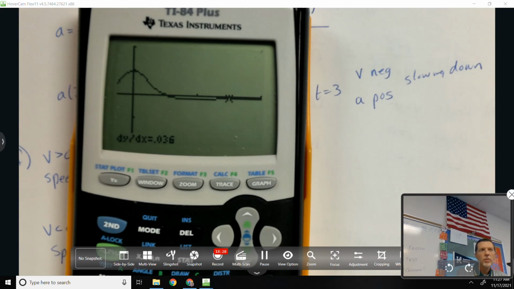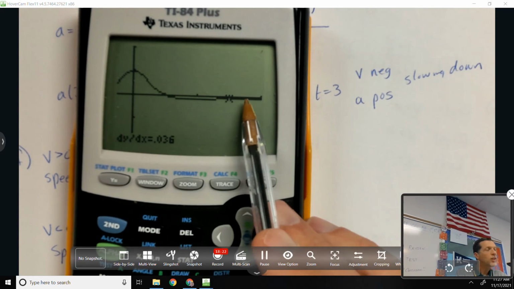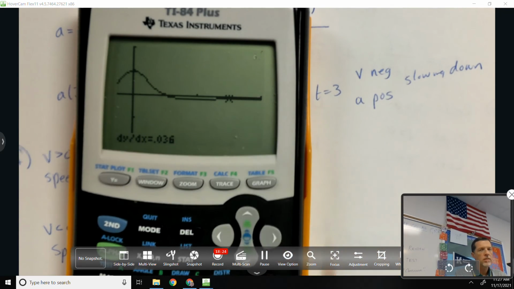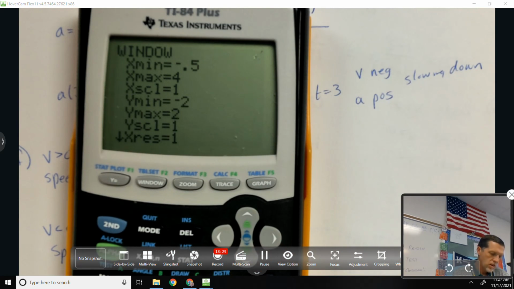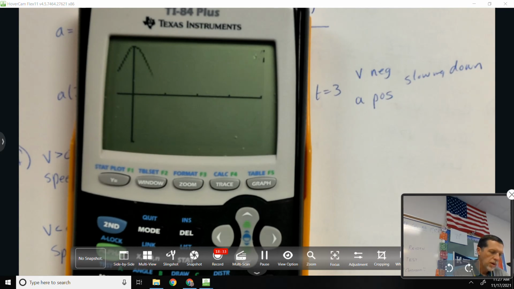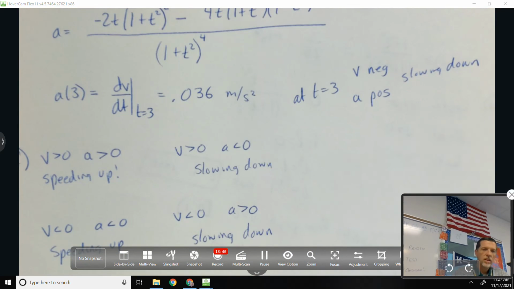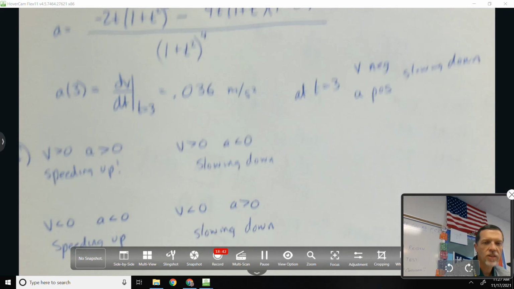At time equals 3, our velocity is negative, but it's getting closer to 0, so we're slowing down. Even a better picture there. Yeah, 20 minutes on that problem.